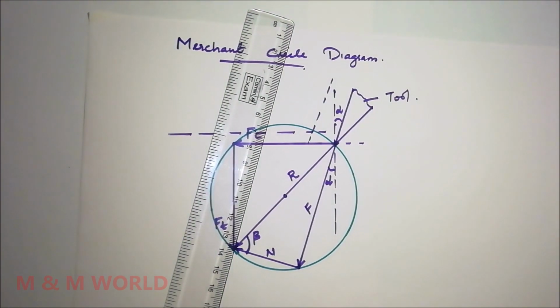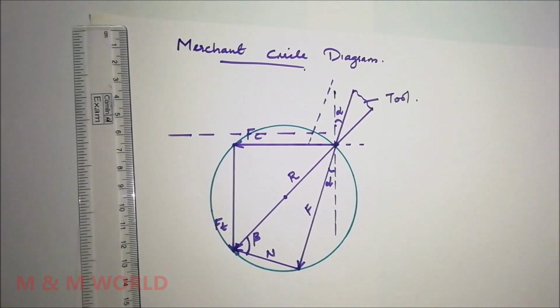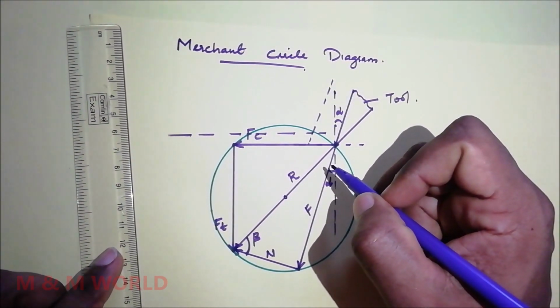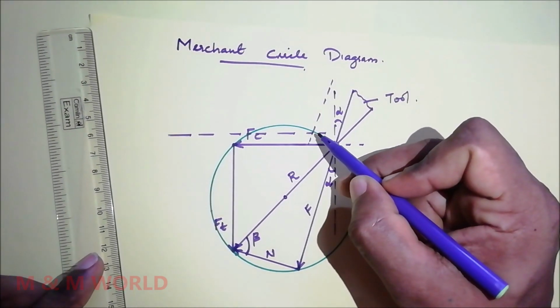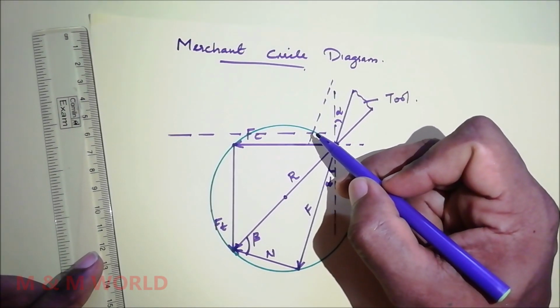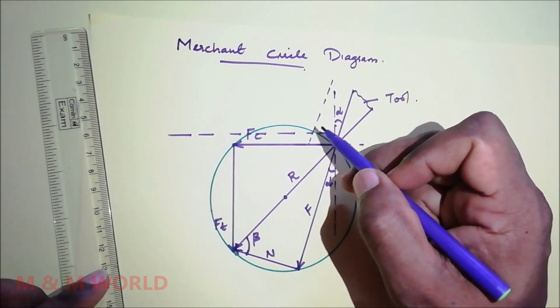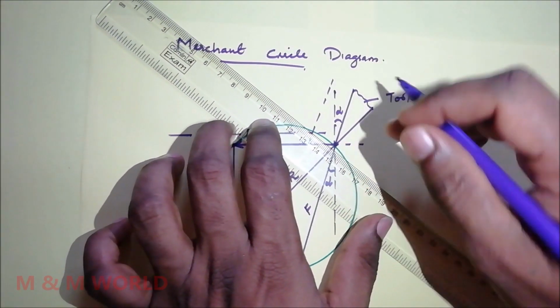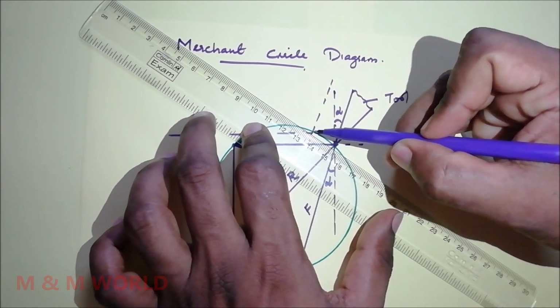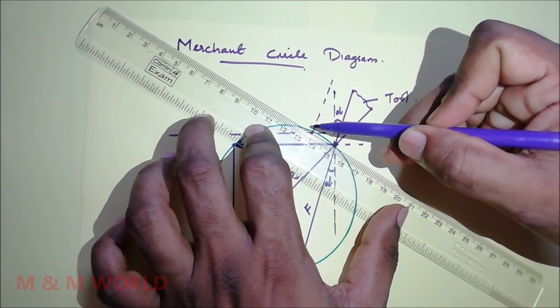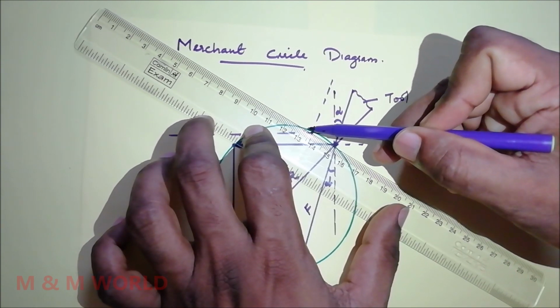Now draw a vector from the tool point, that is from the origin, towards the intersection of two chip lines, and it must meet on this circle. From the origin, this is the point, so it must meet on the circle.